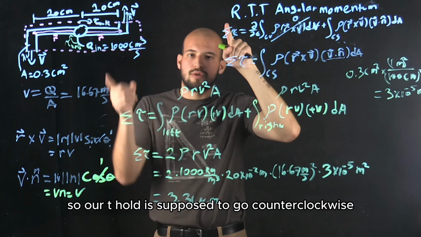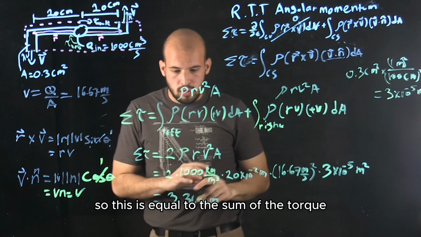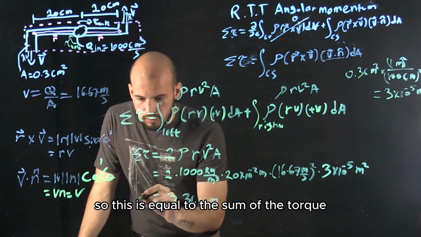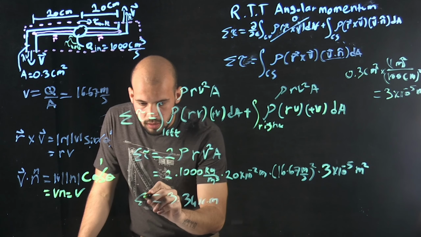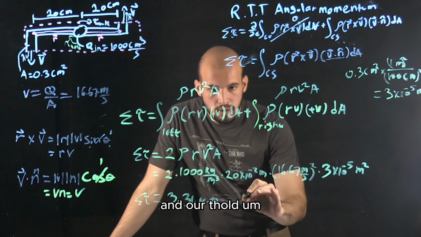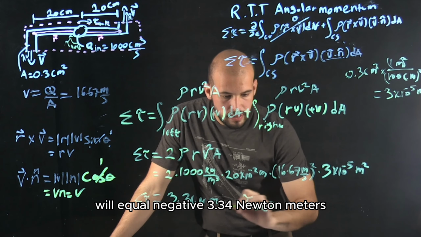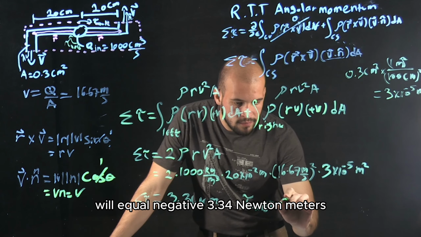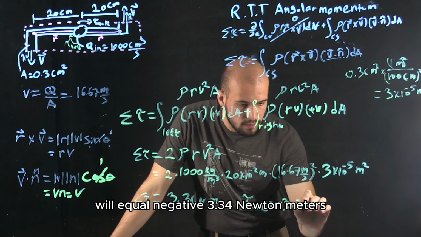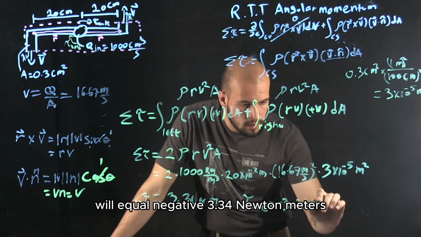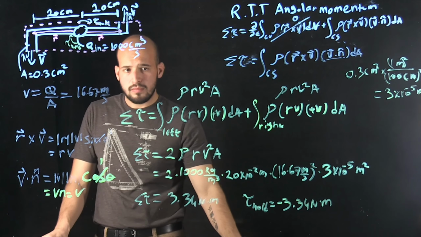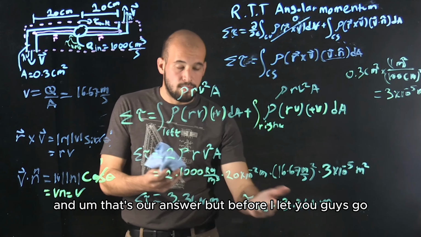So our T hold is supposed to go counterclockwise. So this is equal to the sum of the torque, and our T hold will equal negative 3.34 Newton meters. And that's our answer.